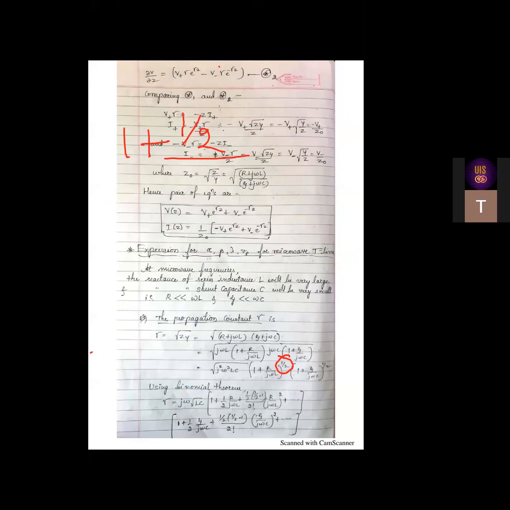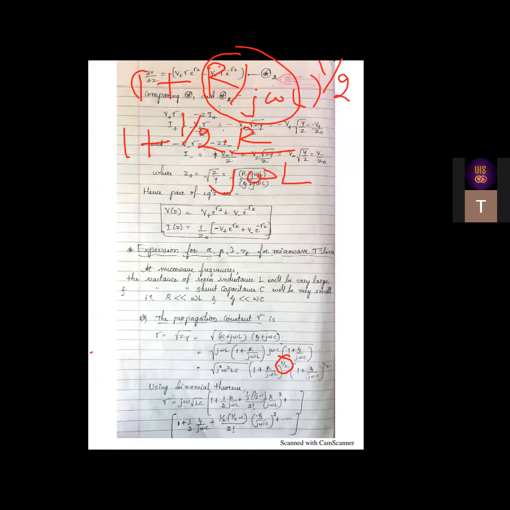Let me write it in one place for ease: 1 plus R by j omega L, raised to 1 by 2. I am applying the expansion as 1 plus n, the power, into the second term, R by j omega L.